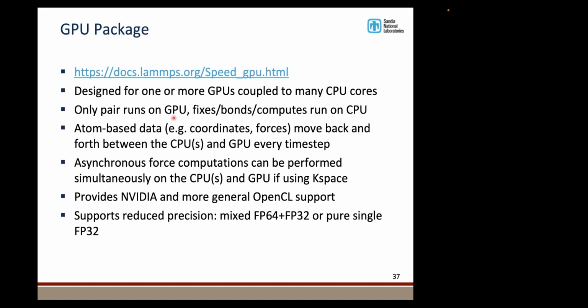If your force style, so your pair style, is supported by the GPU package, then you could get a speedup if that's the major part of the computation, the percentage of runtime. Then you could definitely get a speedup with the GPU package, and everything else will run on the CPU. Okay, I got it. Thank you very much.